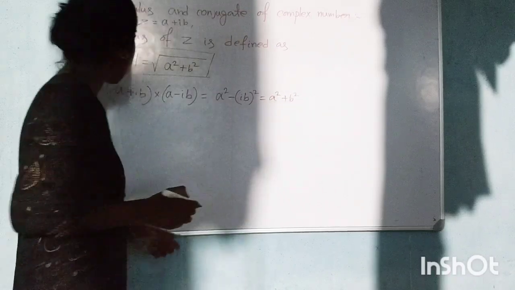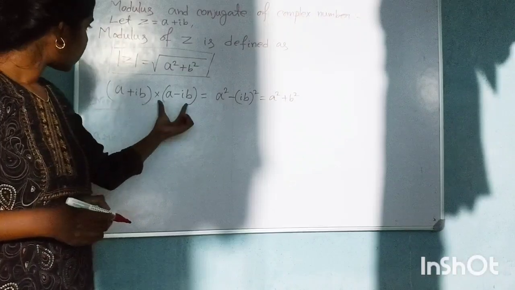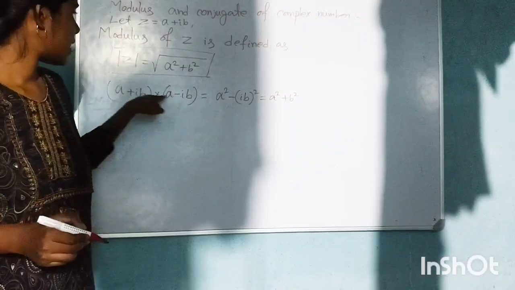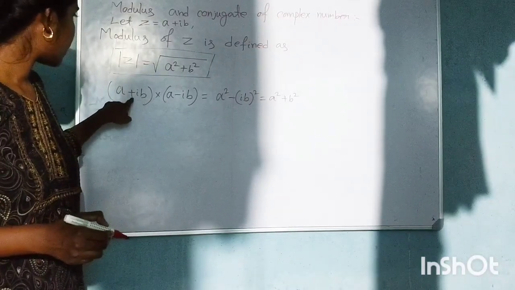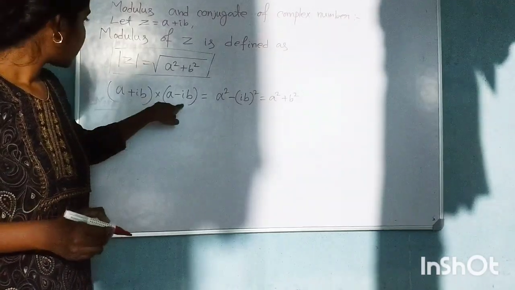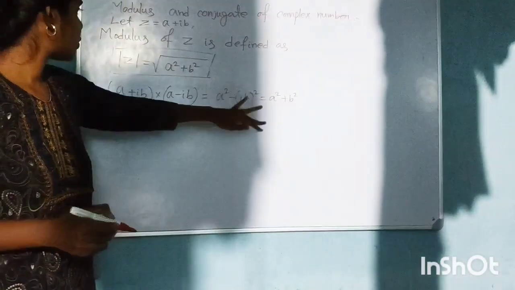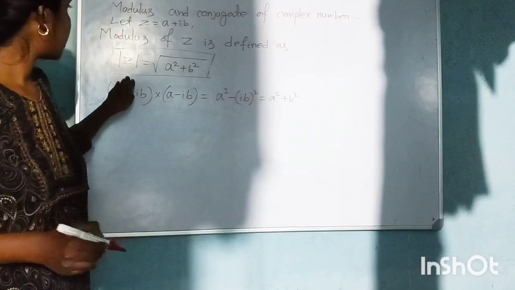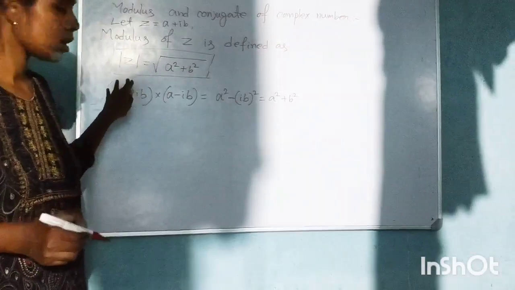Whenever we multiply complex numbers by only changing the sign from positive to negative in the middle, after multiplying we are getting a square plus b square. It is always true. And now you know that root over a square plus b square is the modulus.